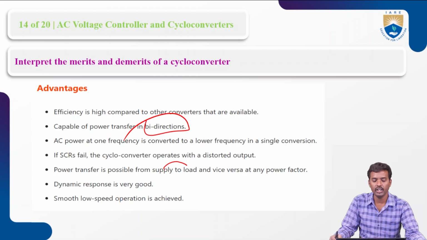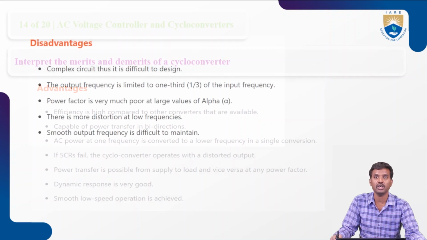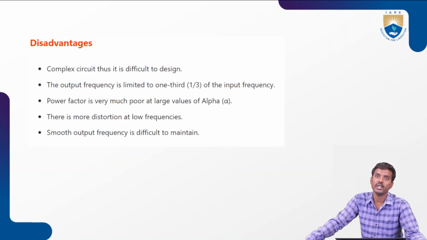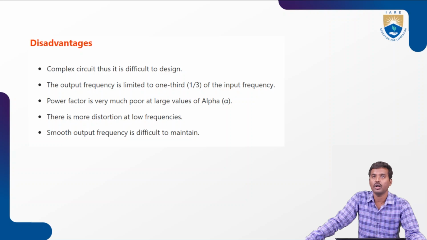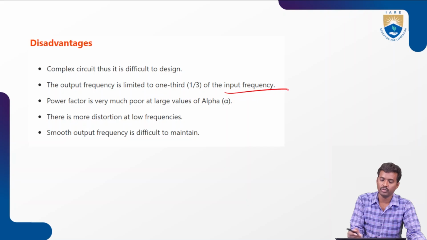And what are the demerits, the disadvantages of the cycloconverter? The circuits are complex, so it is difficult to design. More components are required to build the cycloconverter, and the output frequency is limited to 1/3 of the input frequency.